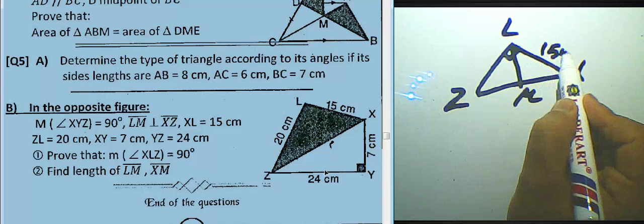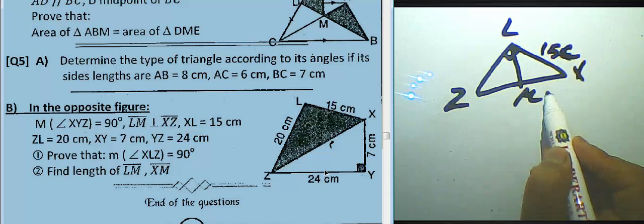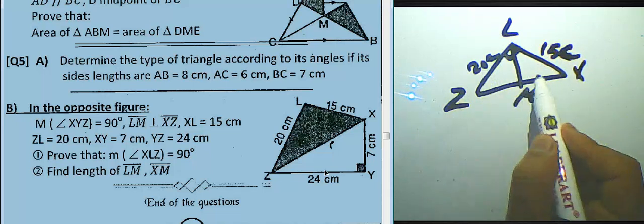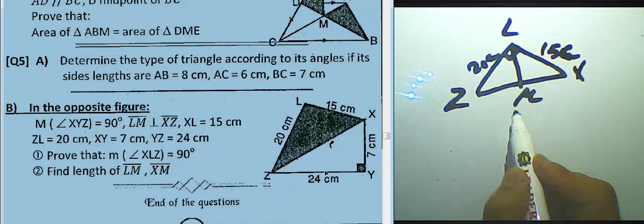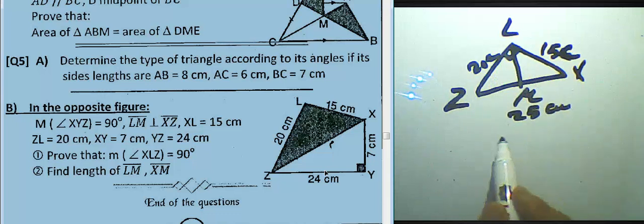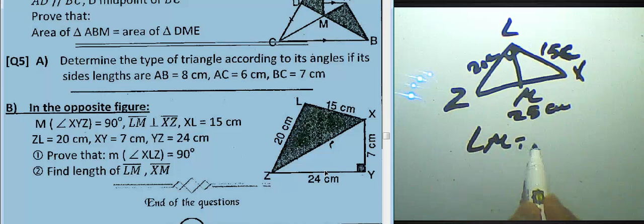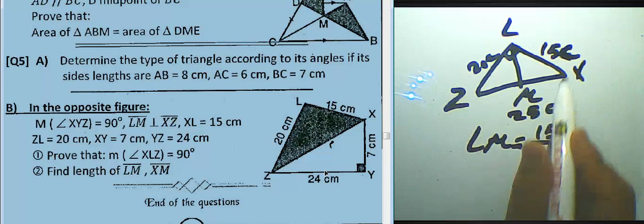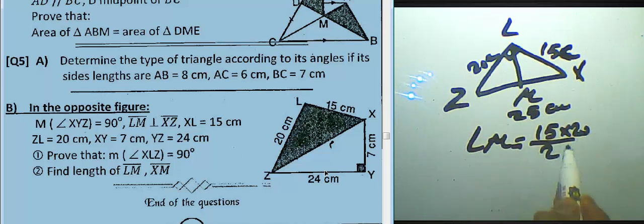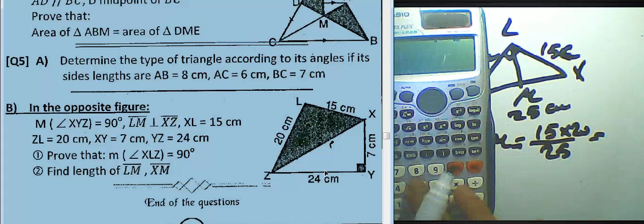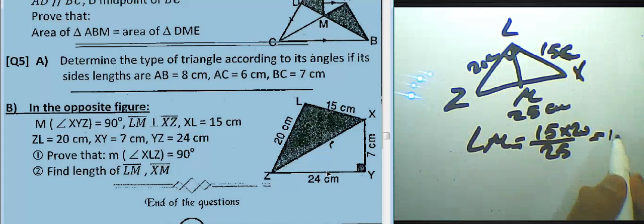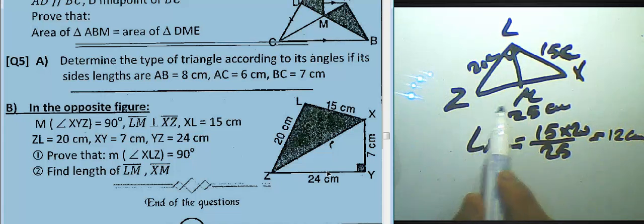It was 15 centimeters, and here 20 centimeters, and this side XZ equals 25 centimeters. We can find LM: 15 times 20 divided by 25 equals 12 centimeters. And then you can find XM.